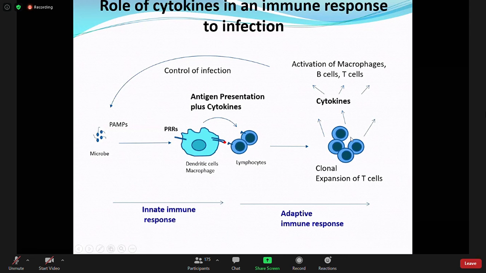These stimulated effector cells will then make cytokines which can go back to stimulate the antigen presenting cells themselves, to induce them to upregulate, for instance, class 1 HLA and class 2 HLA.